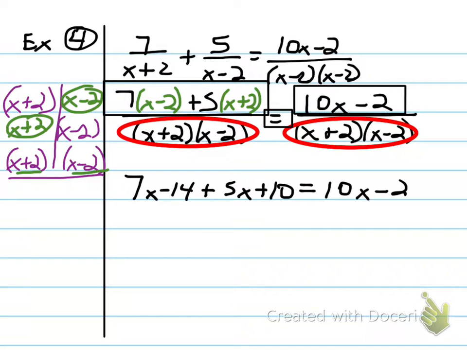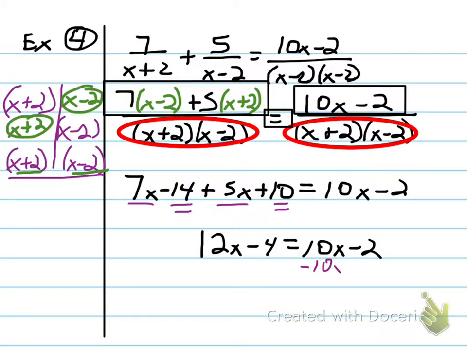Let's go ahead and finish on this left side, combining my like terms. So I've got 12x minus 4 equals 10x minus 2. Now let's zero out the 10x on the right side. Whatever I do to one side, I do the other side. Gives me 2x minus 4.